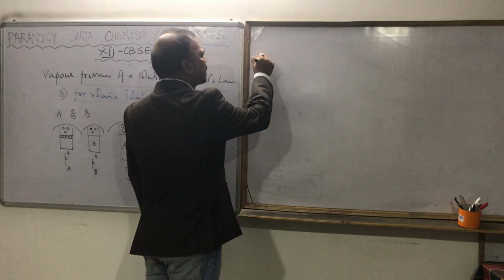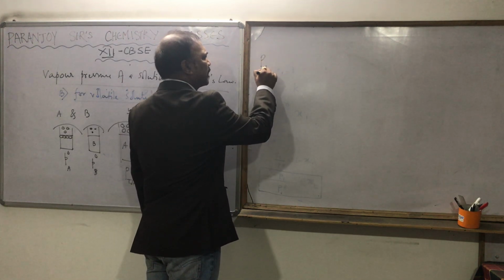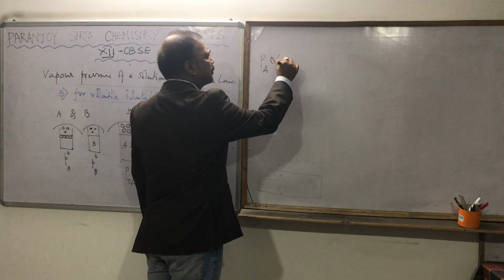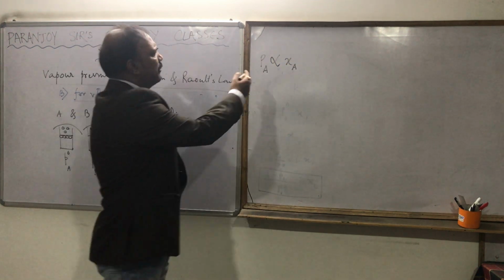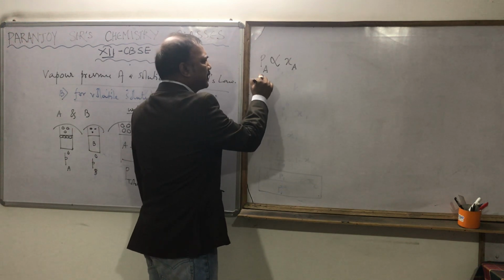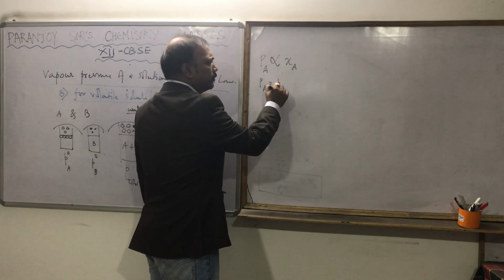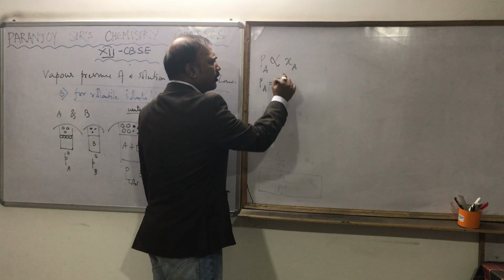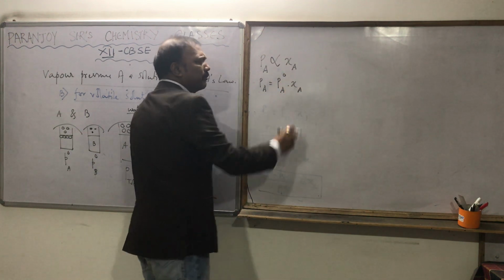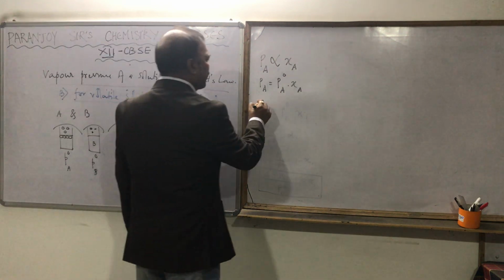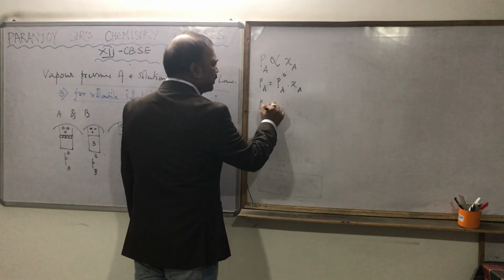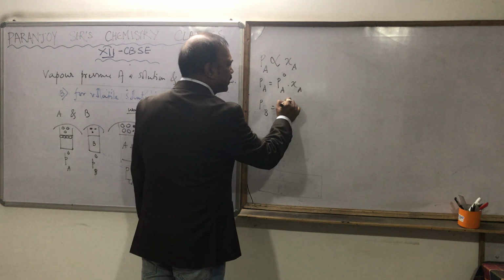He told that the vapor pressure of A in the solution is proportional to the mole fraction of A in the solution. So in the same way as previously we can write PA is equal to PA naught into XA, as we had done in the previous case. And for B also, in the same way, PB equal to PB naught into XB.